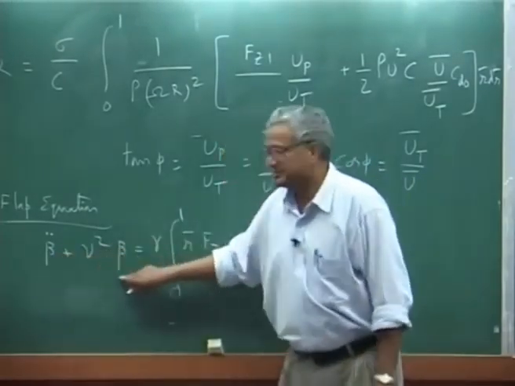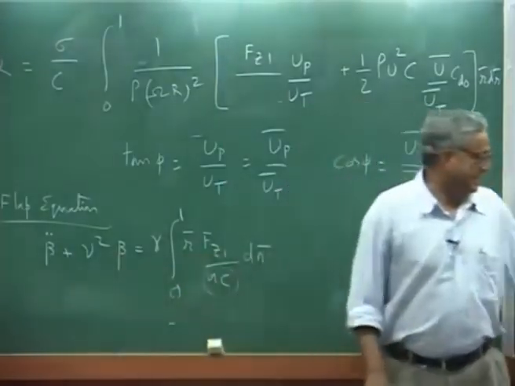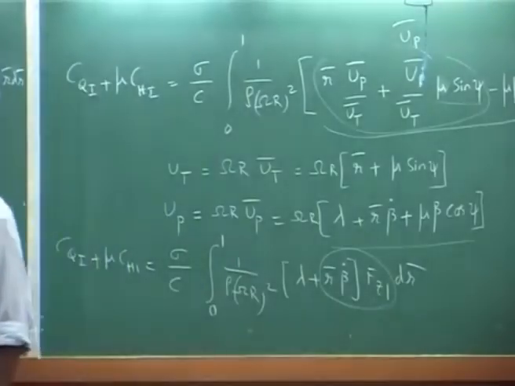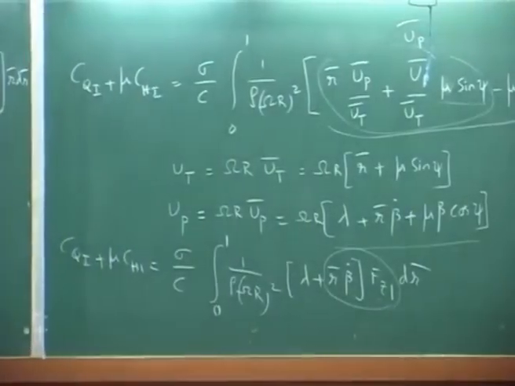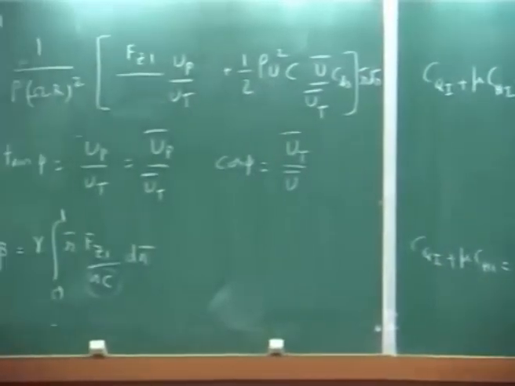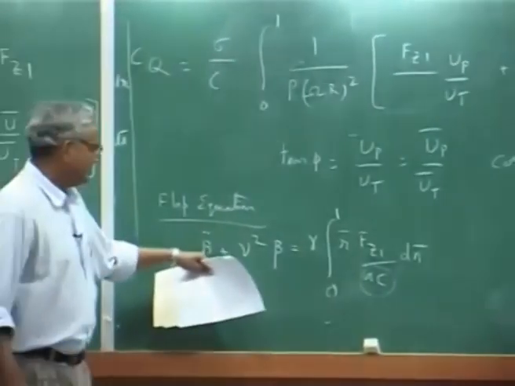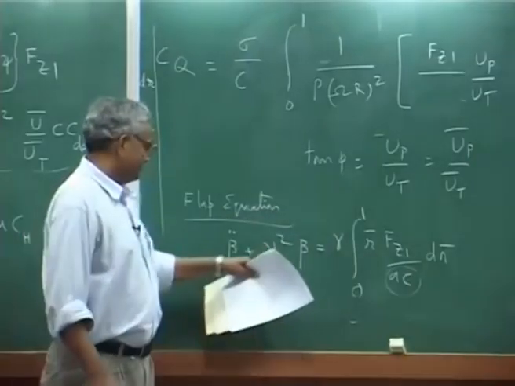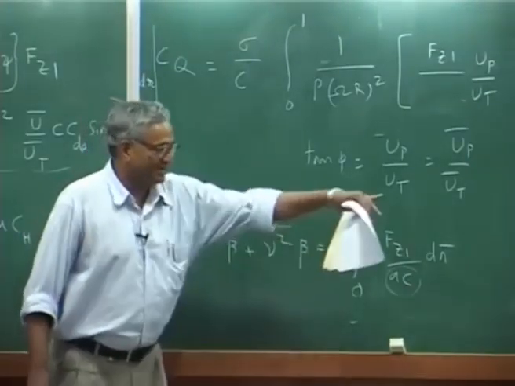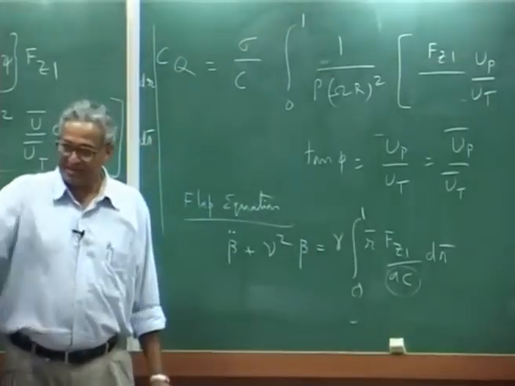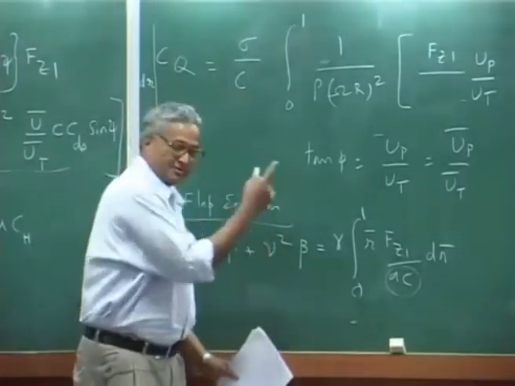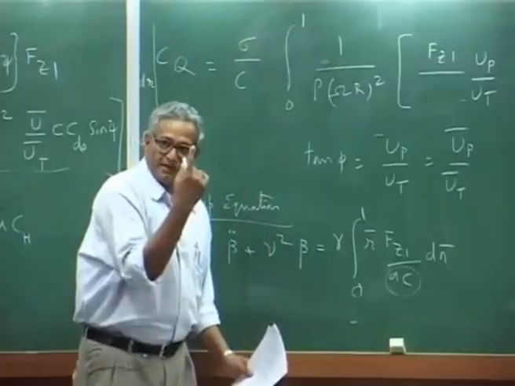You can substitute this term and then you integrate. That means everything is converted into beta double dot, beta dot, and then nu square beta beta dot, something will come, and the integral of course you have to do over one cycle.